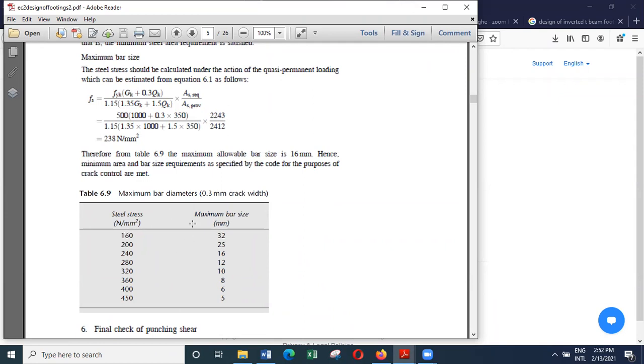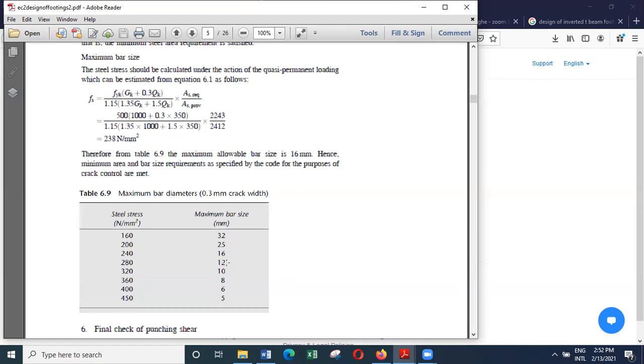You can see if the stress is 238, the maximum bar diameter to ensure that the crack width remains at 0.3 millimeters or less is 16 millimeters. In this problem 16 millimeter is used, and that means it's adequate.